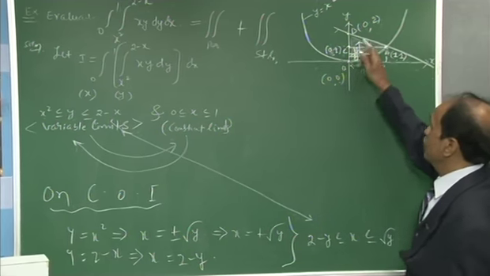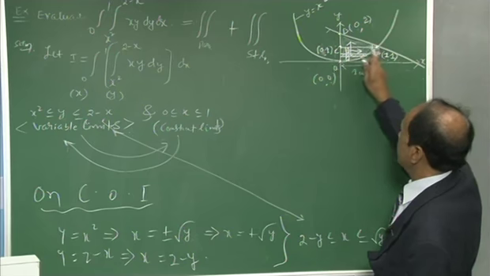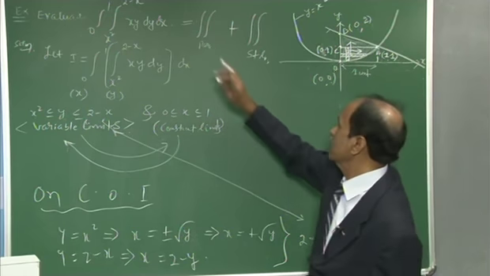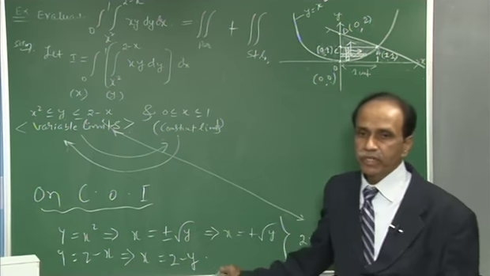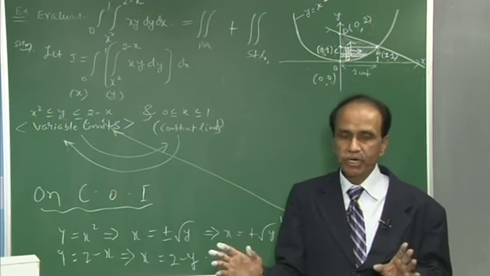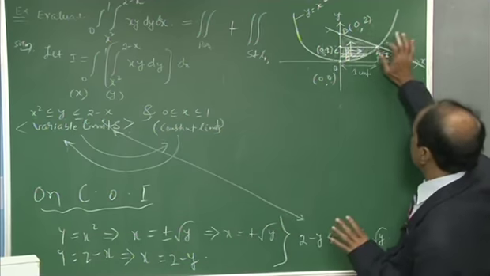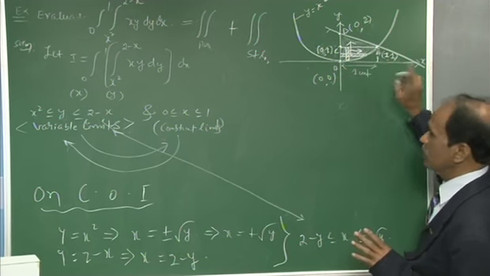And now we take this area OAC as one area and CAB as another area. Therefore, you have to split the total area into two parts by dropping a perpendicular from the point of intersection of these two parabolas, that is 1 comma 1.